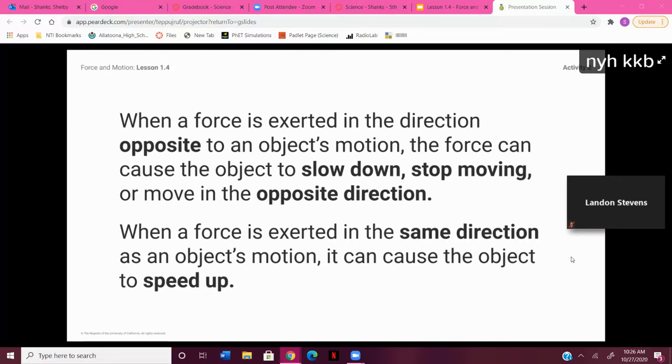So what we noticed is that if a force is exerted in the opposite direction of the object's motion, the force can cause the object to slow down, to stop moving, or to move in the opposite direction. And so we also saw when a force is exerted in the same direction as the object's motion, it can cause the object to speed up.